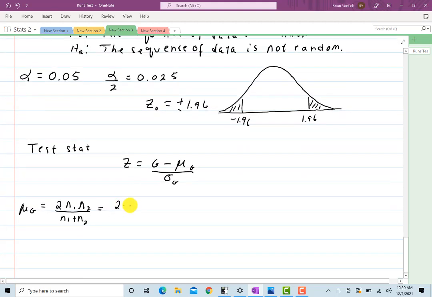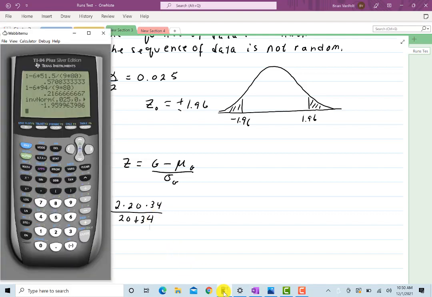So 2 times 20 times 34 divided by 20 plus 34. And I'll just do it on my calculator. I'm going to do 2 times 20 times 34, and the denominator is equal to 54, so I'll just put 54 instead of worrying about parentheses. And I end up with about 25.185.